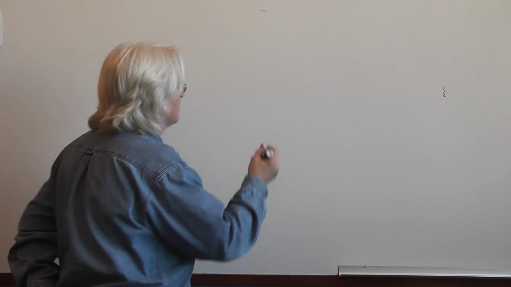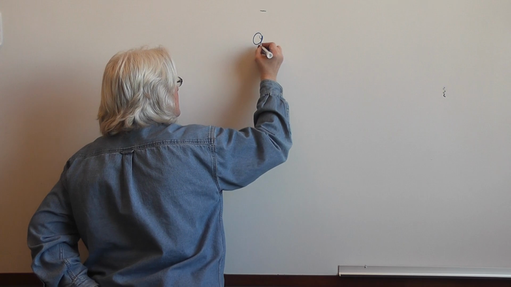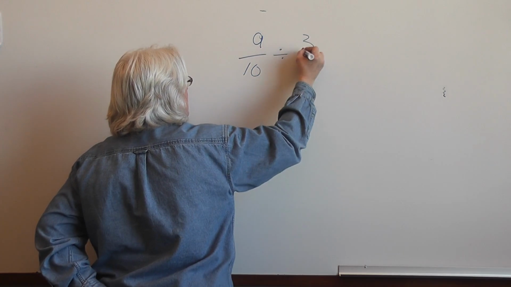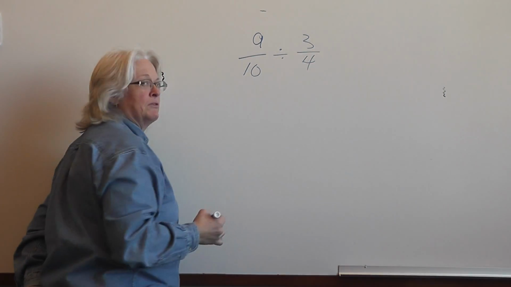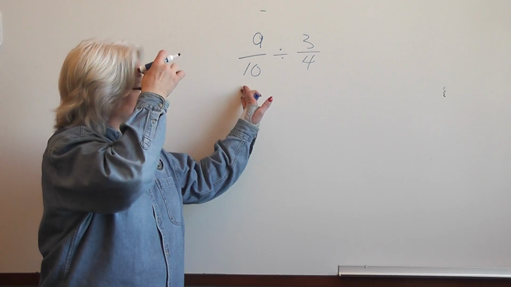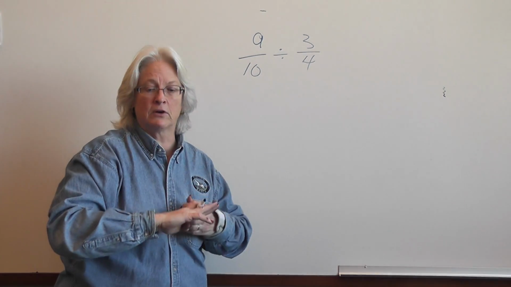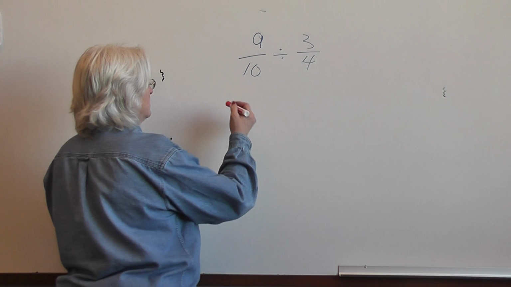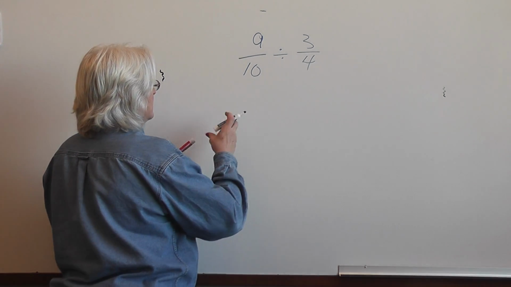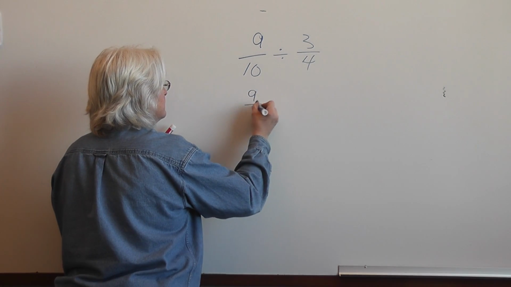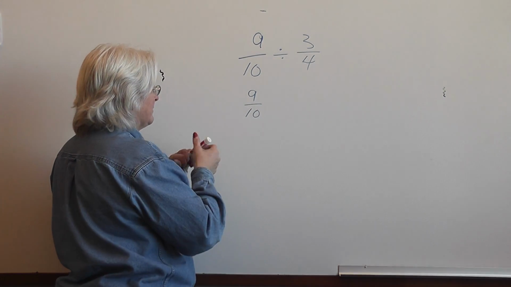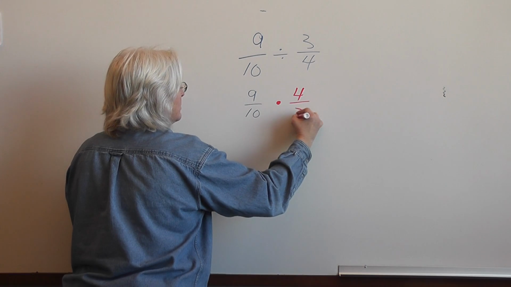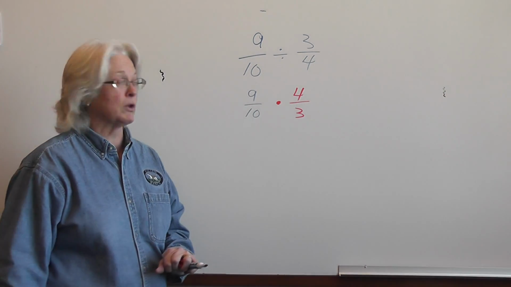9/10 divided by 3/4. What are we going to do? We're going to invert the second fraction and multiply. 9/10, instead of dividing by 3/4, we're going to multiply by 4/3.